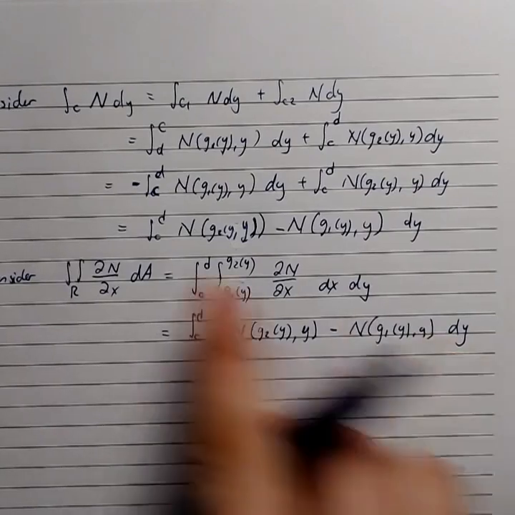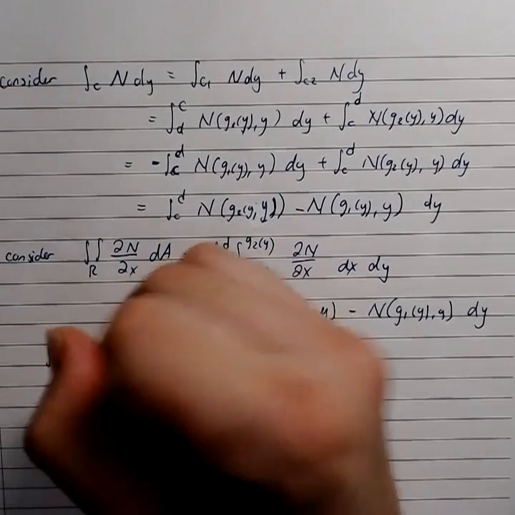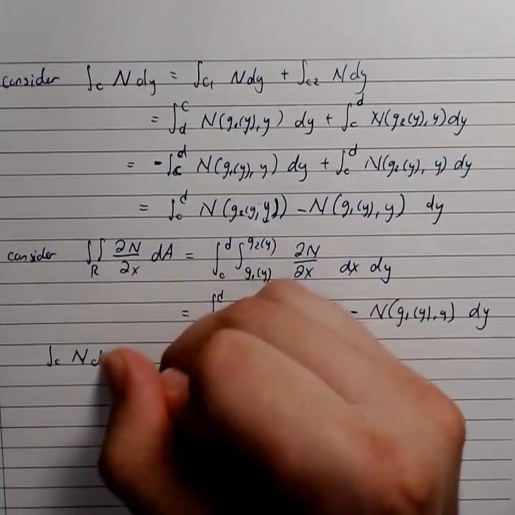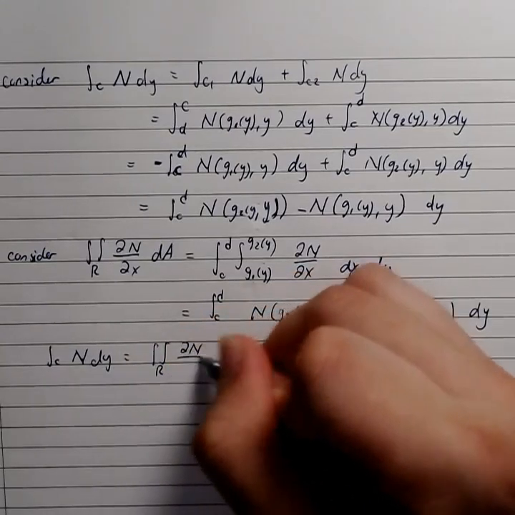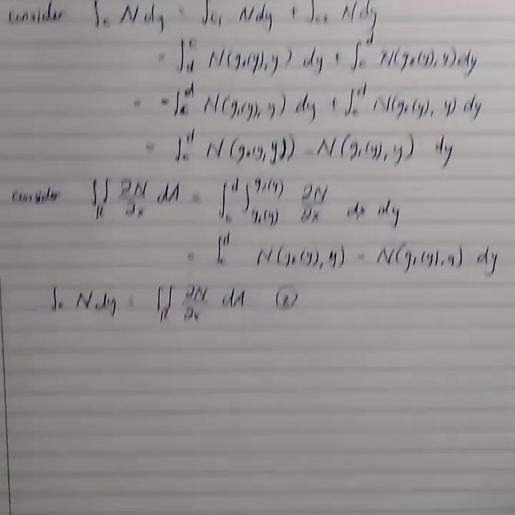But notice that that's exactly what we got from above. So we note that the integral over c of n dy is equal to the double integral over r of del n del x dA. We'll call that result number 2.